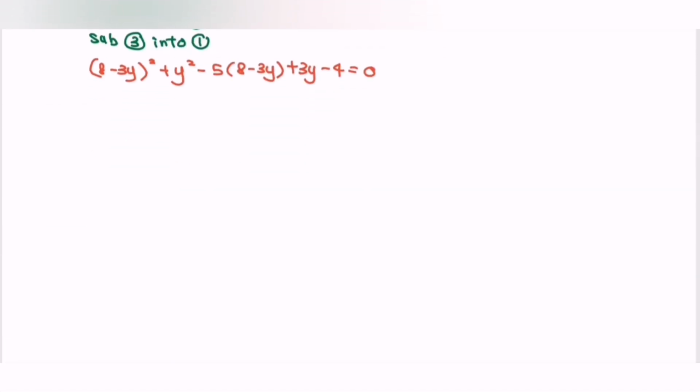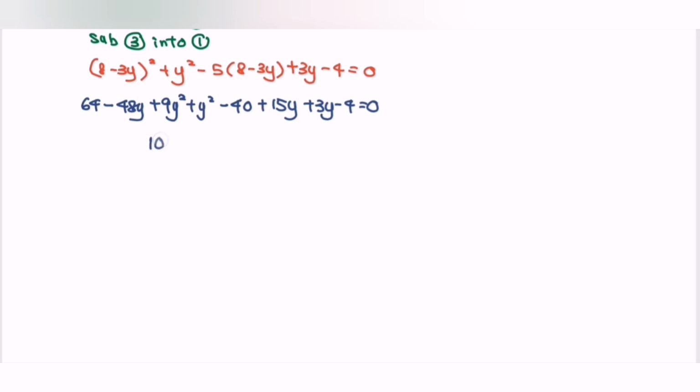Next, kindly expand the situation. So 64 minus 48y plus 9y squared plus y squared minus 40 plus 15y plus 3y minus 4 equals 0. Simplify the situation.